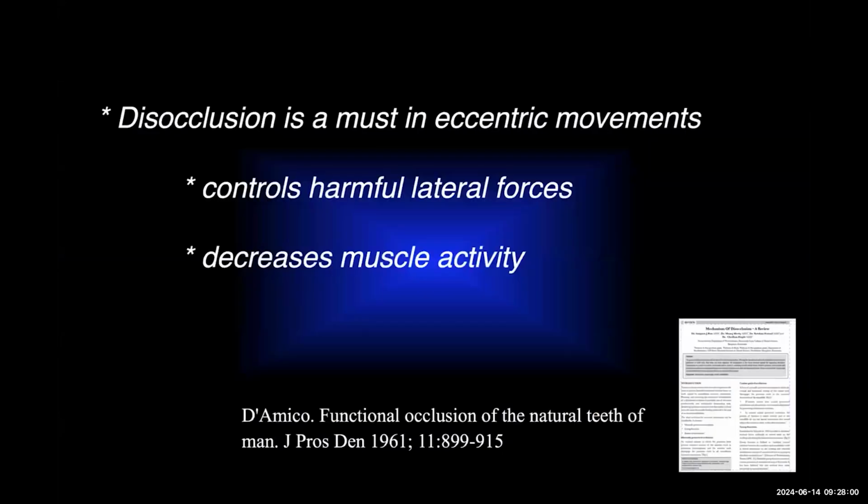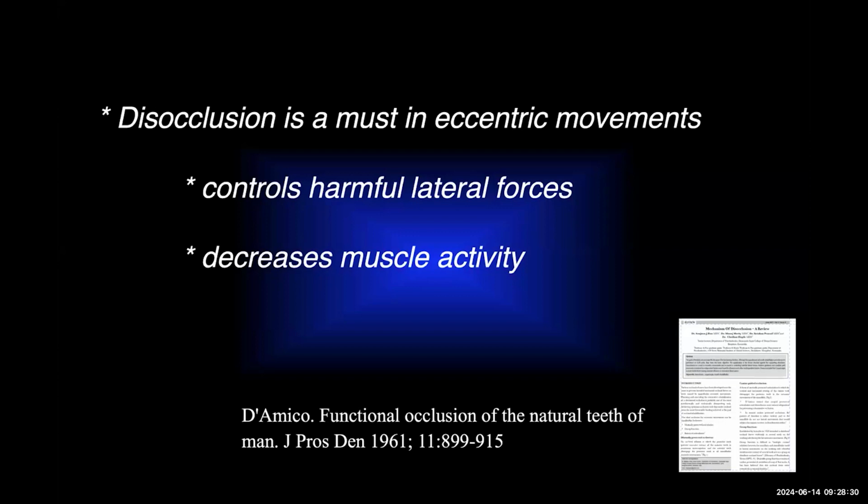Well, first of all, if we go back into pioneering articles in prosthetics, D'Amico in 1961 was the first to really discuss disclusion. And basically what he looked at is natural dentition. Why through evolution there's been an adaptation to this canine disclusion. The longest root in the oral cavity is the maxillary cuspid, 17 millimeters.